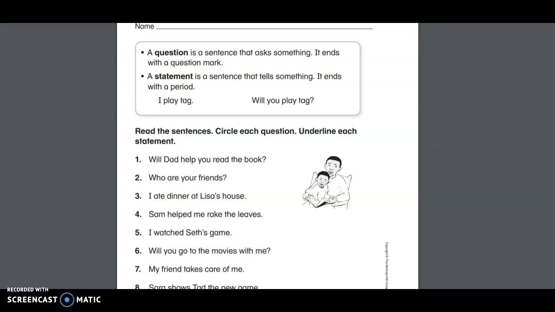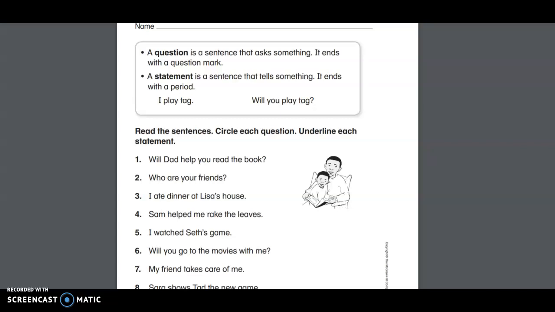Okay, boys and girls, we practiced on a lot of sentences. 12 of them. Okay. So now, let's see how you do. I'm going to do number 1, 2, 3 with you. I want you to do 4, 5, 6, 7, and 8 by yourself. Okay, let's read number 1.